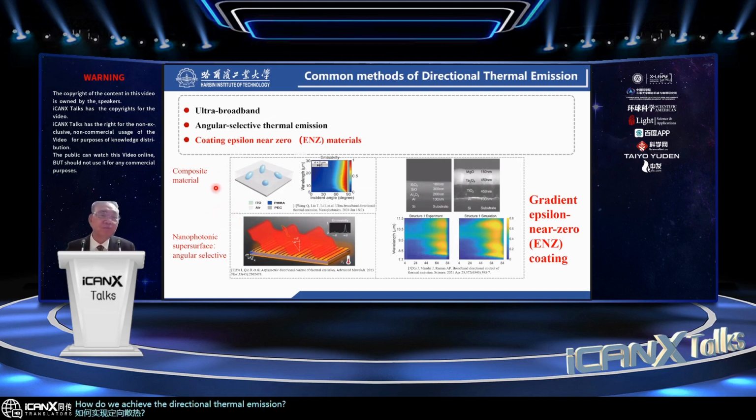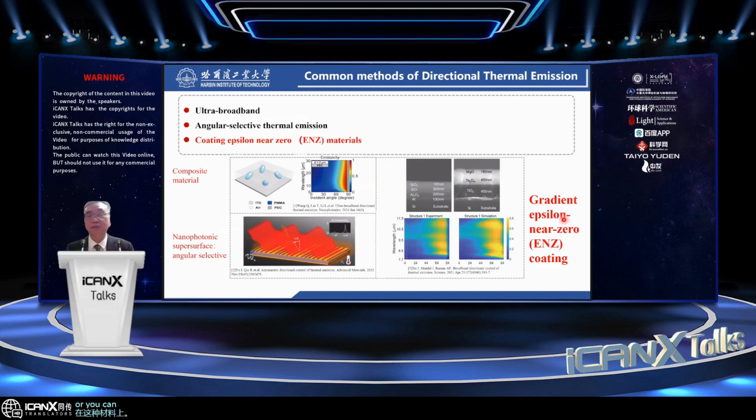One way of doing this is composite material. You make some materials like this ITO material in a spherical way, and then sandwich it in something. Or you can make some angular selection by making a metasurface on this material.